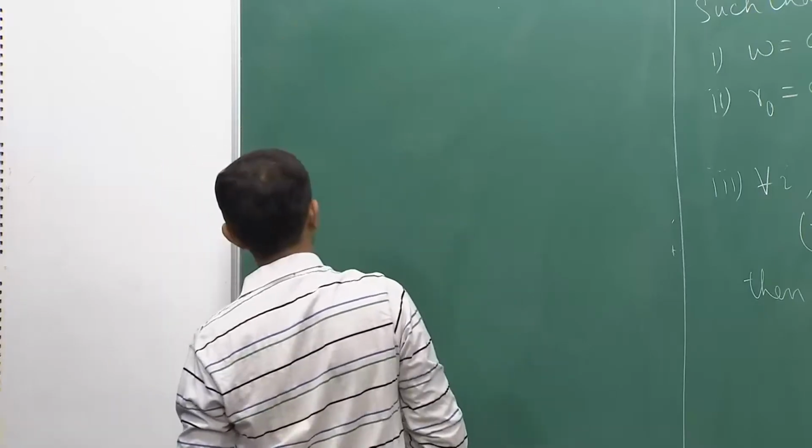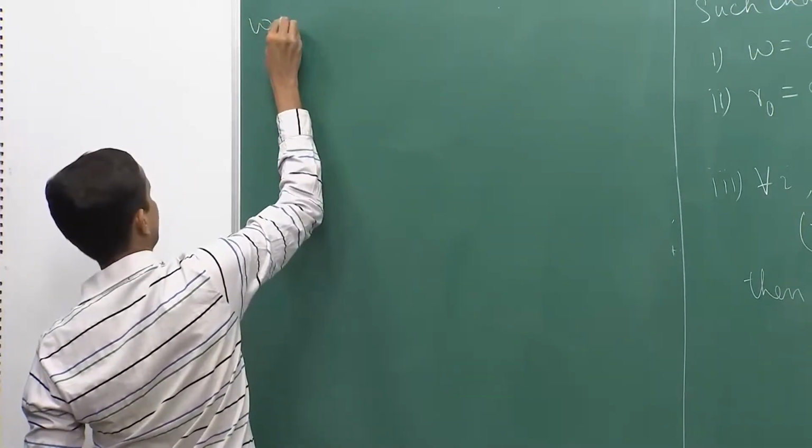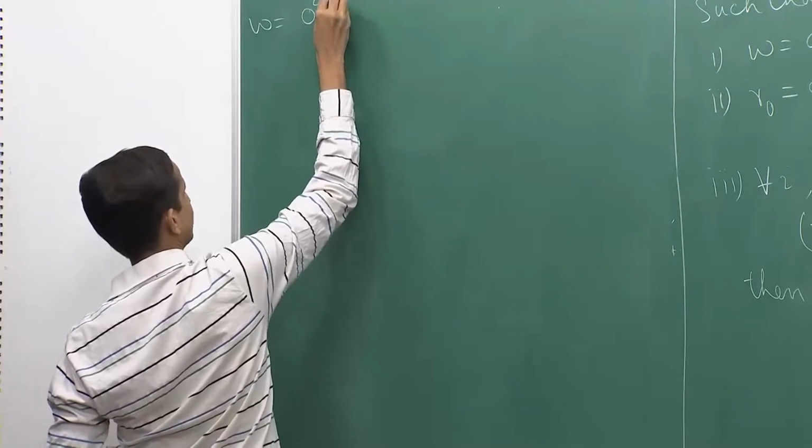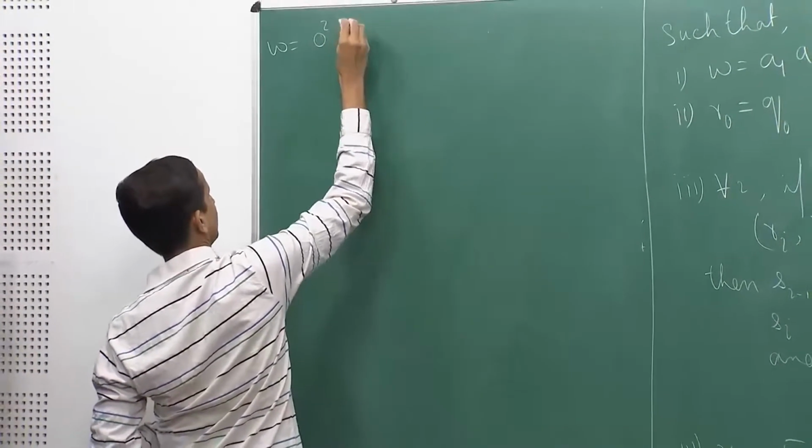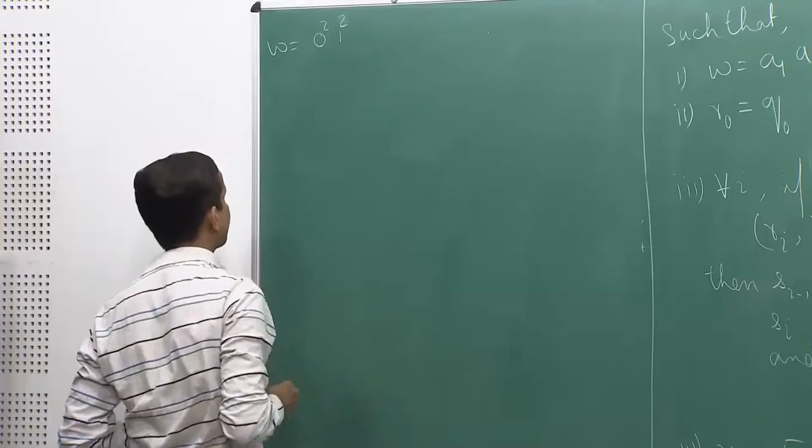So, let us take W equal to the string 0 square 1 square. Okay.